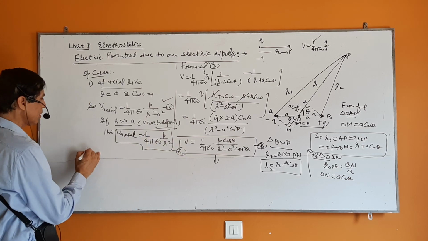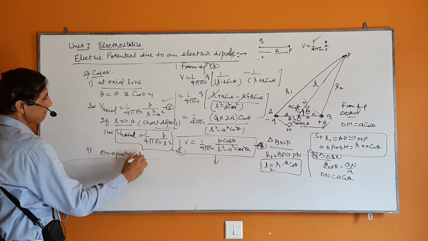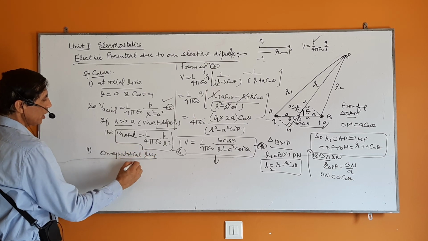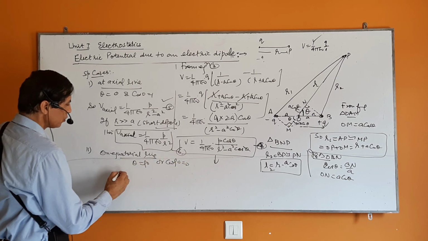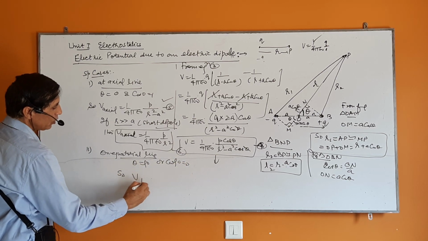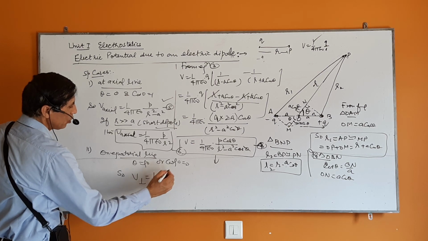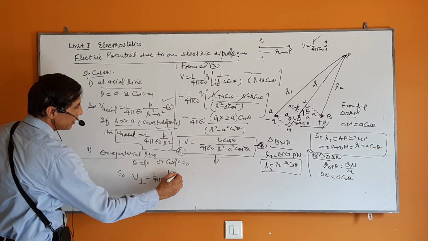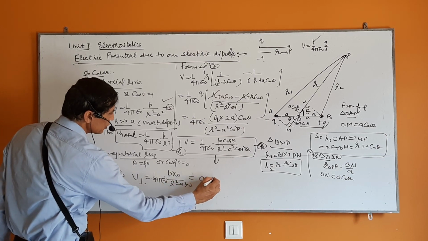And similarly, on equatorial line, theta is equal to 90, or cos 90 is equal to 0. So V on equatorial line is equal to 1 upon 4 pi epsilon naught P cos 90. P into cos 90 कितना हो गया बच्चों? 0. R square minus A square into 0, then it will become 0.